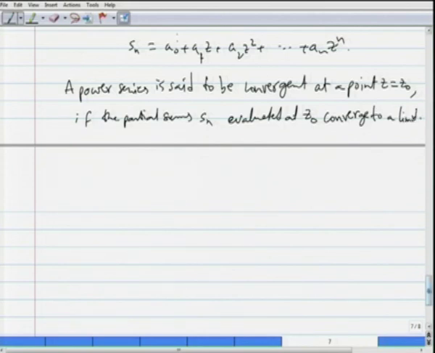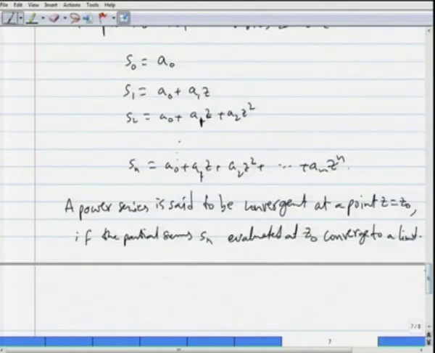So, if for a fixed z naught these partial sums converge, then we say that the power series converges at that particular z naught. That is the convergence.